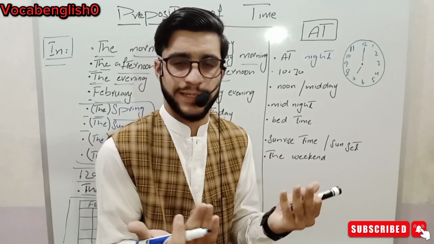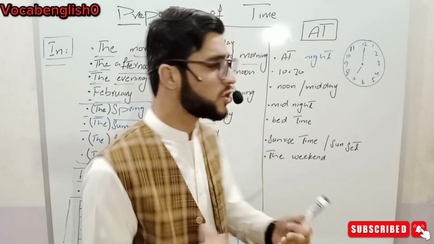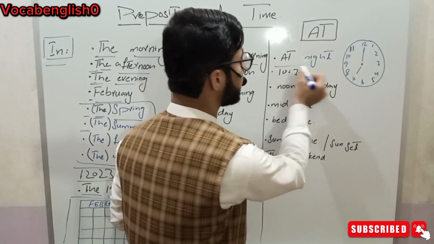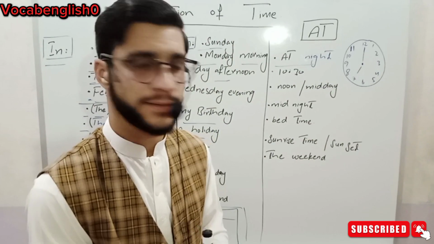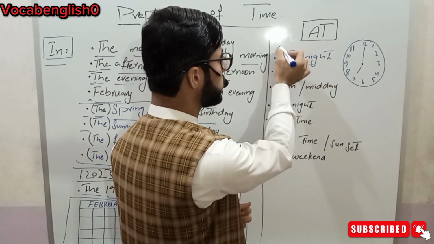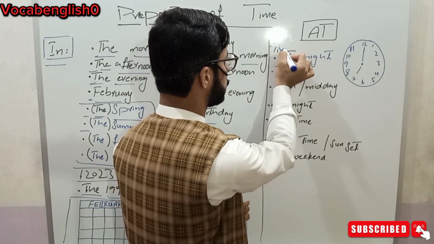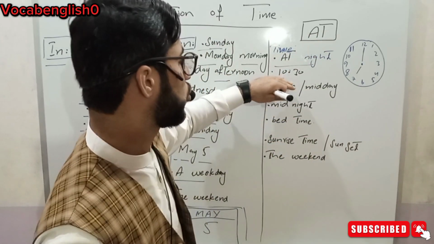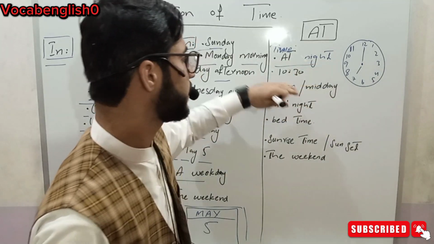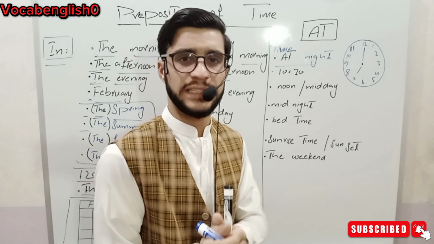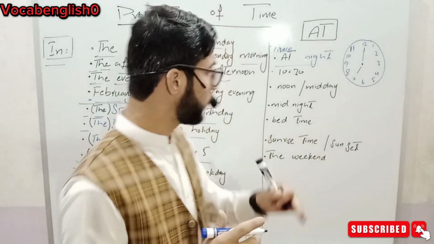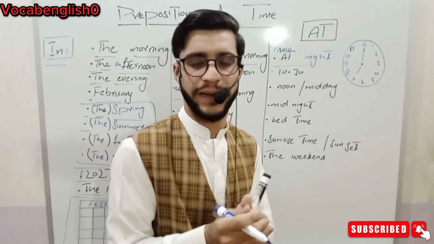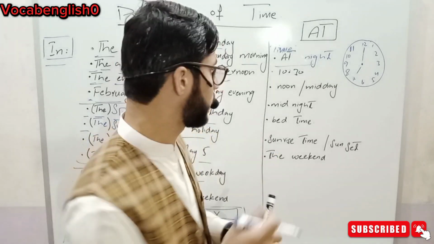The third is at. How will we use at and where will we use at? We will use at now in sentences. At night, and we will use this with times, at 10:30 p.m. or a.m. The third is at noon or at midday.